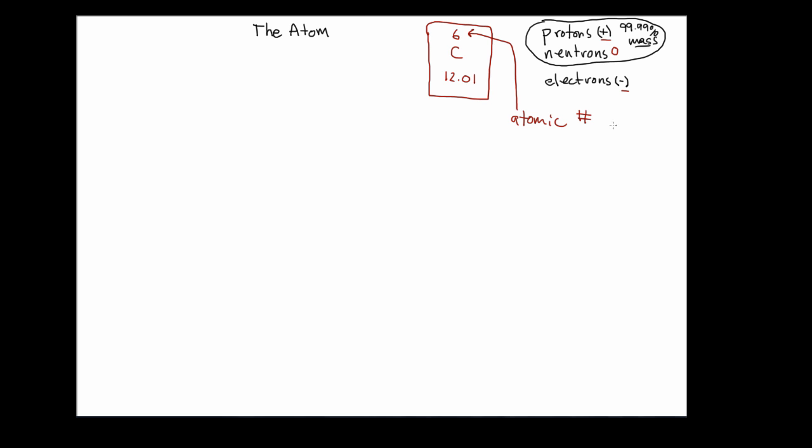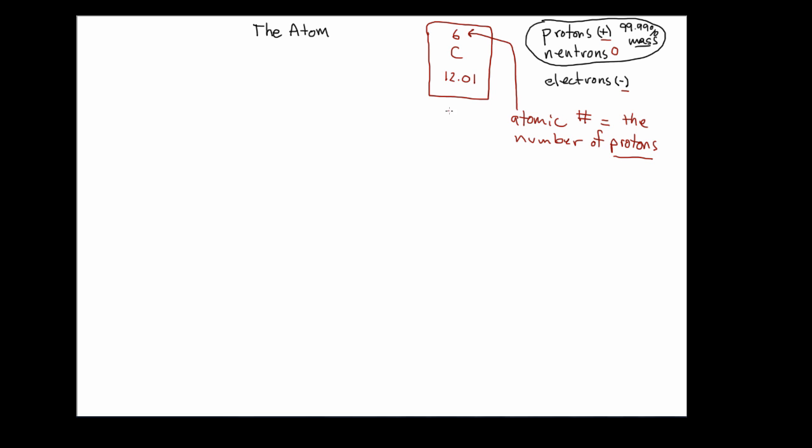And the atomic number gives us the number of protons. So the number of protons that you find in an atom designates what that element is. So there are no elements on the periodic table other than carbon that have 6 protons. If you have an element that has a different number of protons, it can't be carbon, it has to be something else.